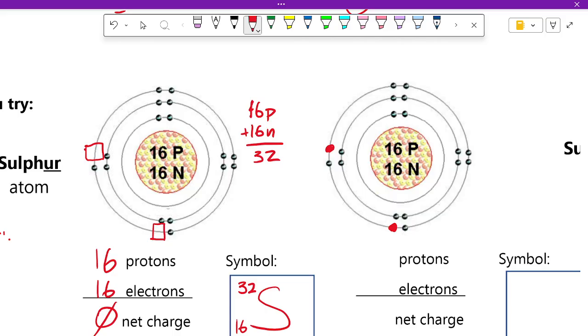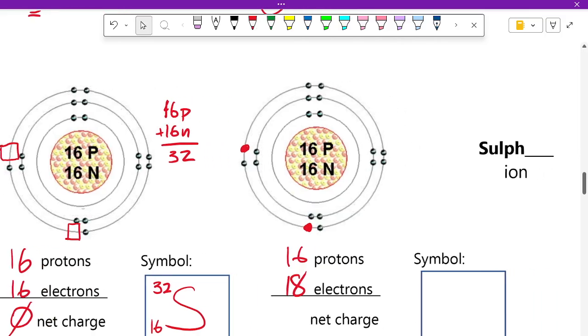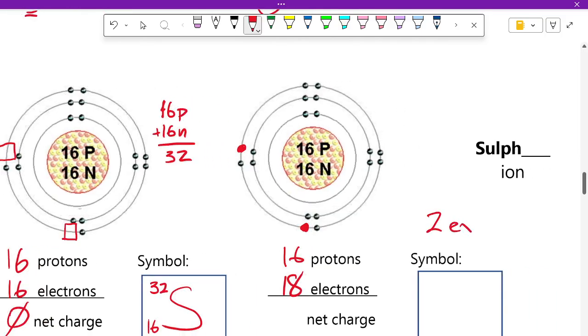So now we still have 16 protons, but how many electrons do we have now? We have 18. We have 2 extra electrons. And so the net charge is -2, or 2 negative.